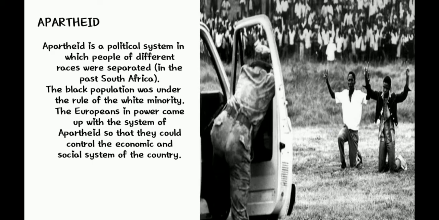But what is apartheid? Apartheid is a political system in which people of different races were separated in the past in South Africa. The black population was under the rule of the white minority. The Europeans in power came up with the system of apartheid so that they could control the economic and social system of the country.